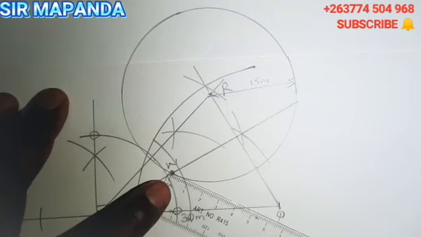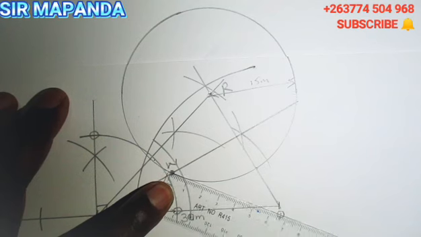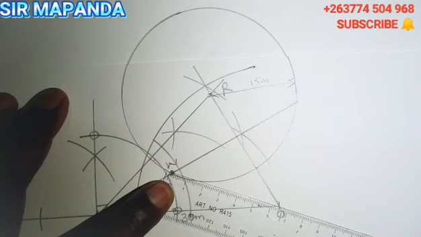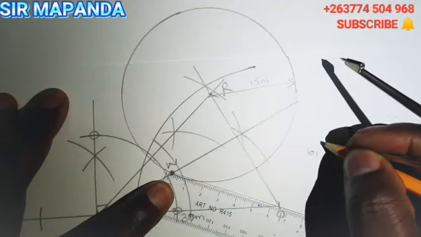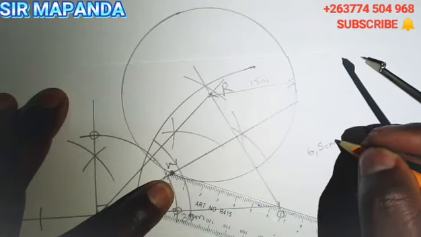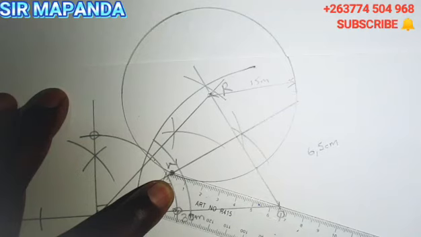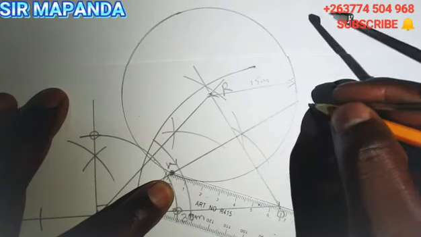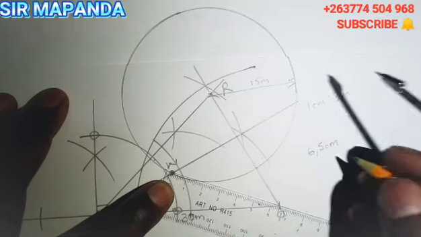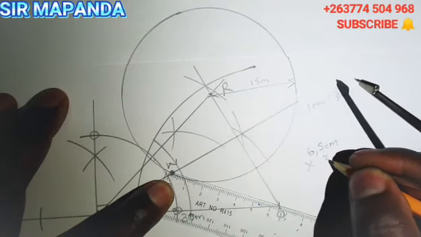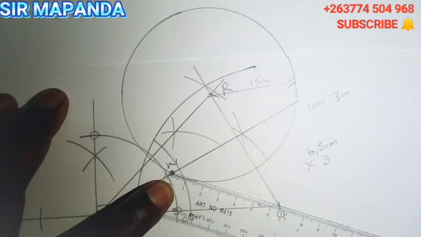So this is W, and this is Q. You have 6,5 centimeters. But remember, the examiner wants you to write the actual distance. So the scale is 1 centimeter to 3 meters.